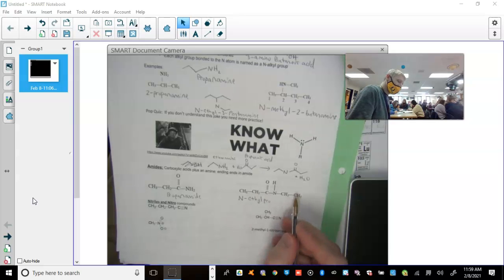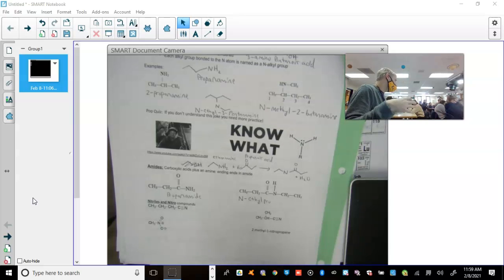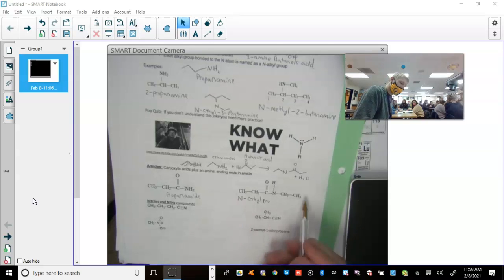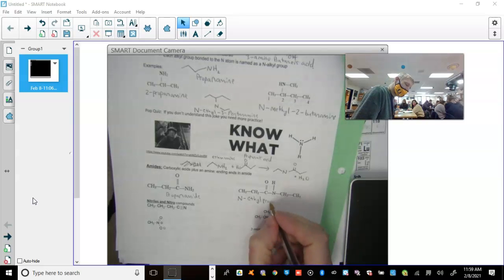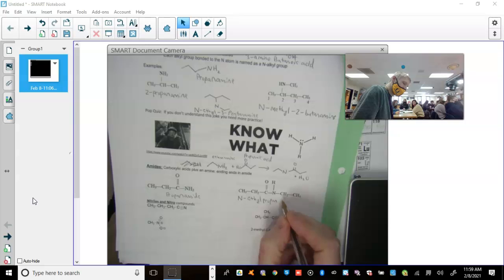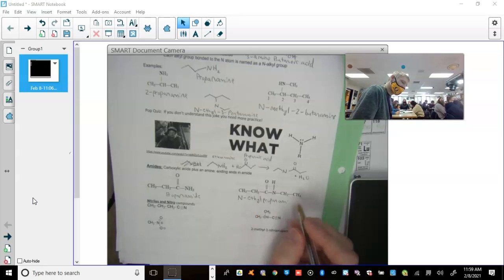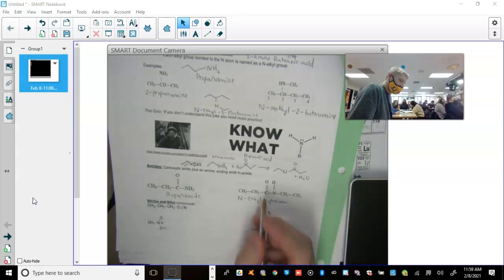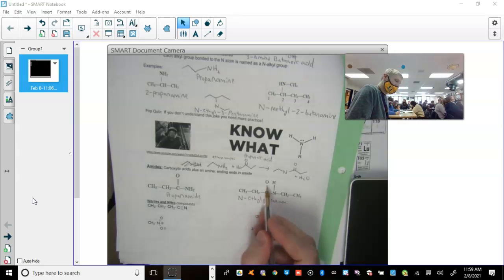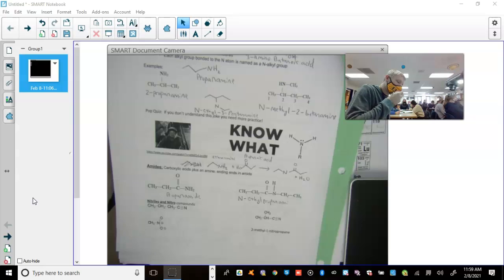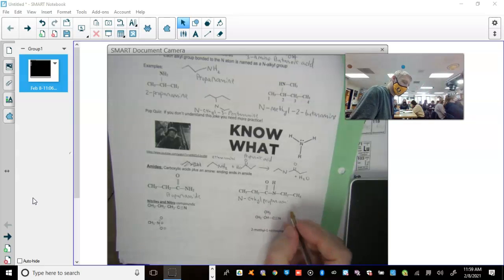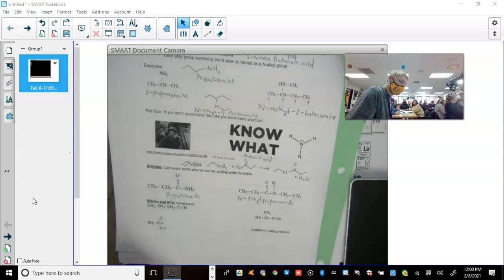Because it's on the main chain, the N is not on the side chain, it's kind of in the middle here. And since we got a carbonyl group, it's an amide and not an amine. If that O was gone, it'd be N-ethyl propanamine. But now it's N-ethyl propanamide. Difference of the double bonded O.